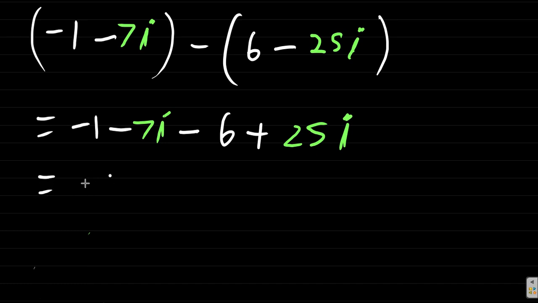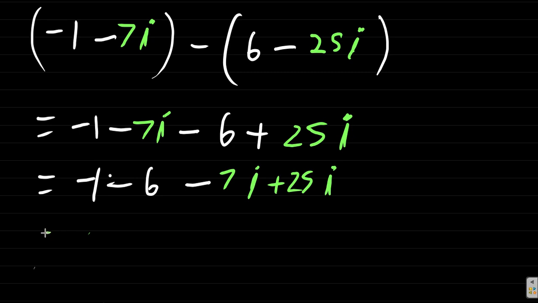So putting parts together, negative 1 minus 6, real part, all right, minus 7i, see, plus 25i. So negative 1 minus 6 is negative 7. So you have that. Negative 7.